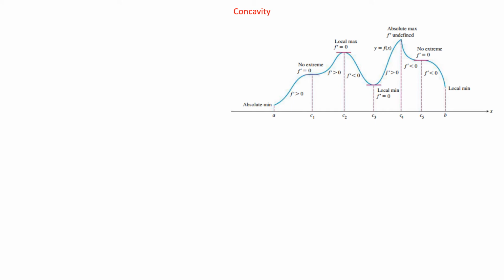So here we have just that same graph. We're going to look at it in the concavity part. So right here, it's curving up. And then, I'll switch colors, it starts curving down. See how it curves down there, and then it curves up again for a little while.